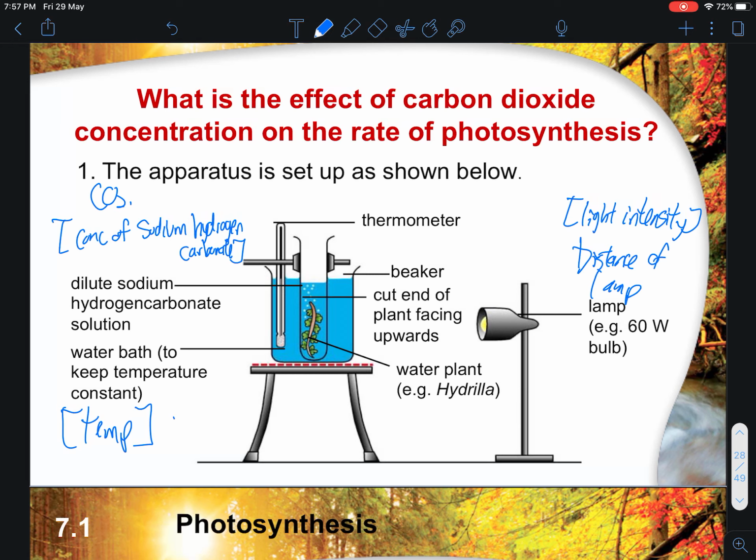Everything you need to keep the same, so I would say constant, because for this one you are talking about carbon dioxide gas, so it must be constant. This one also must be constant, and this one is the one that you vary.